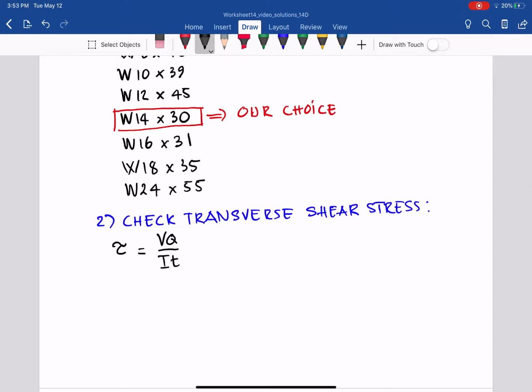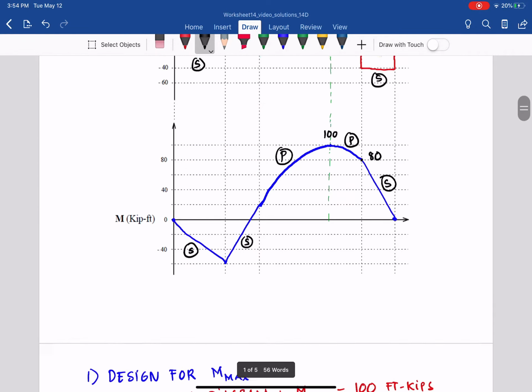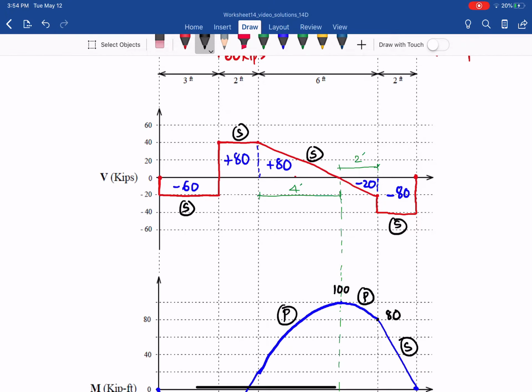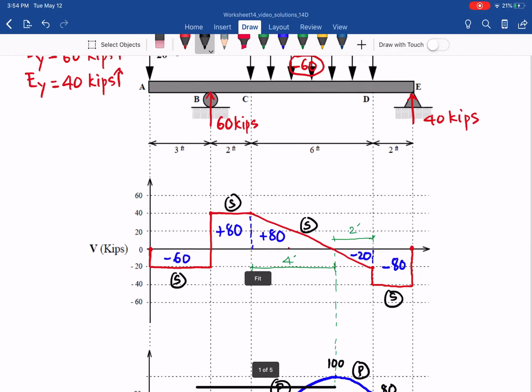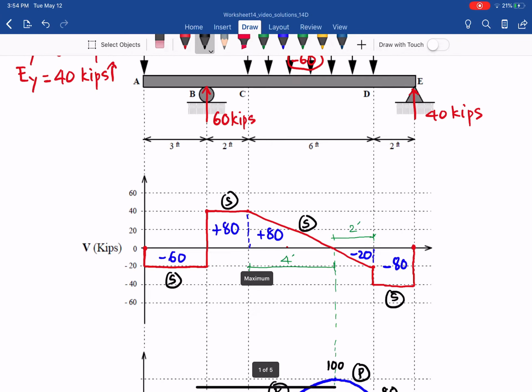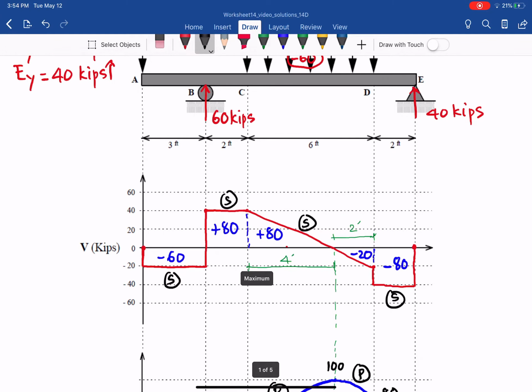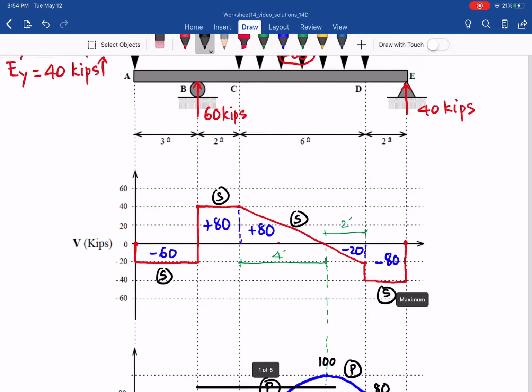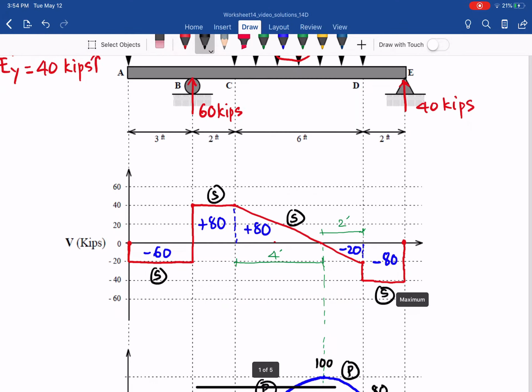In this step, we need to find the Vmax along the shear diagram. So let's look at our diagram. In the shear diagram, we see the maximum shear is 40 kips, which is just to the right of point B, positive 40 kips, or at the point between D and E, which is negative 40 kips.